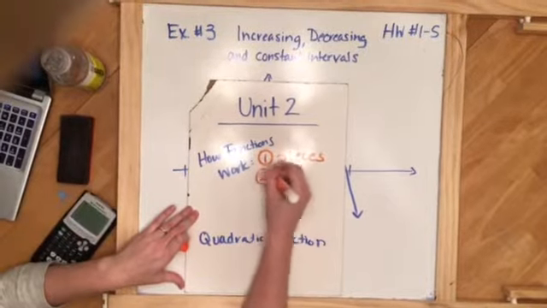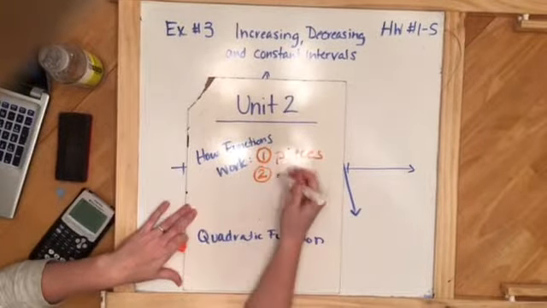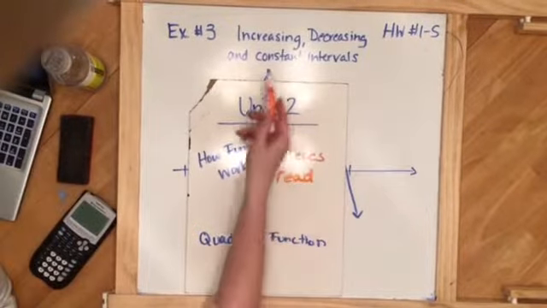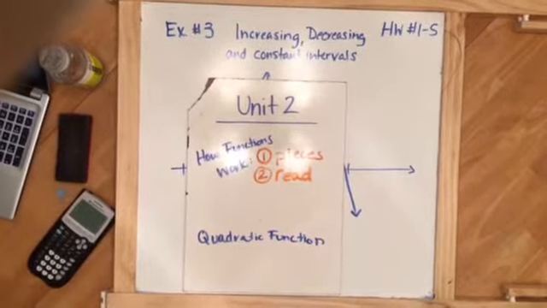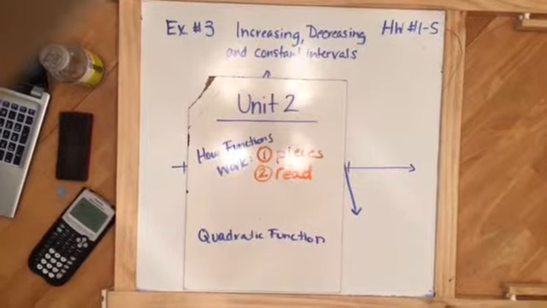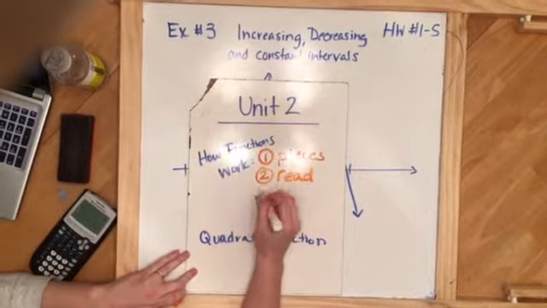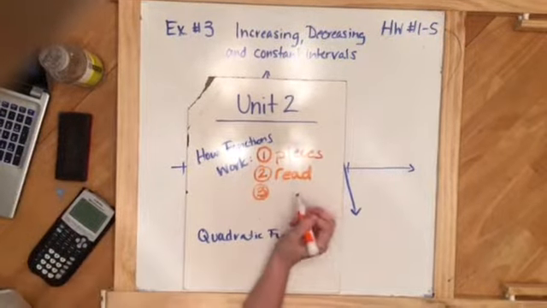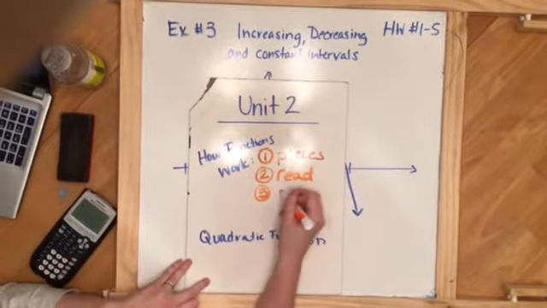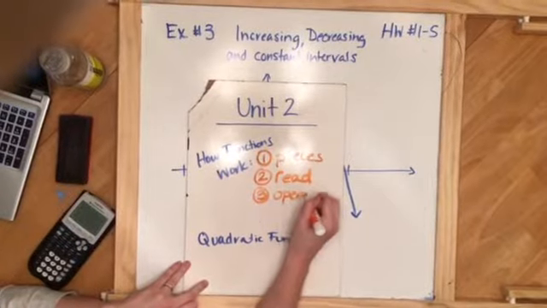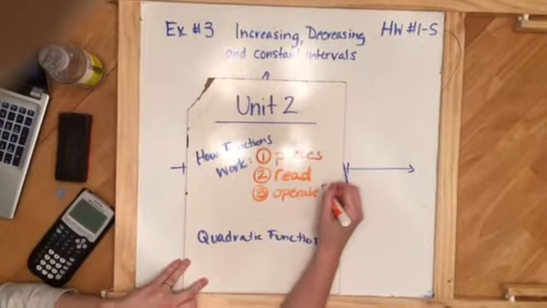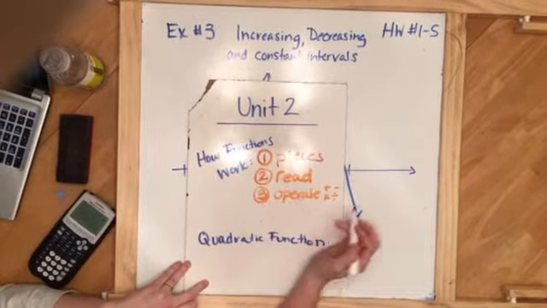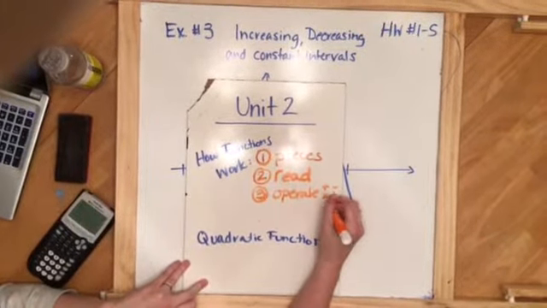The second thing we are going to learn here in this example, so example 3, is how to read functions. Okay, so we're going to learn about increasing, decreasing, and constant intervals. And then when we come back to class Thursday, and we might have a couple little videos before then, we're going to learn how to operate with functions. Right? Basically how to add, subtract, multiply, and divide them. And there's another type of function called a composition.